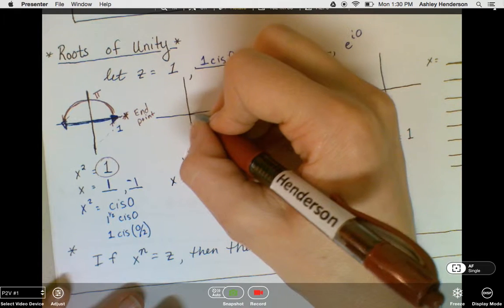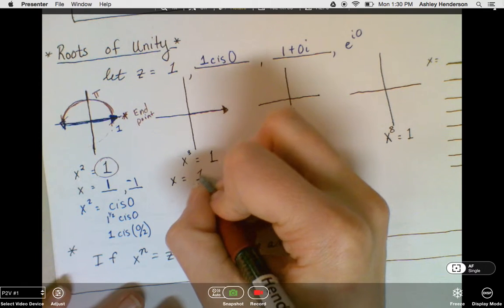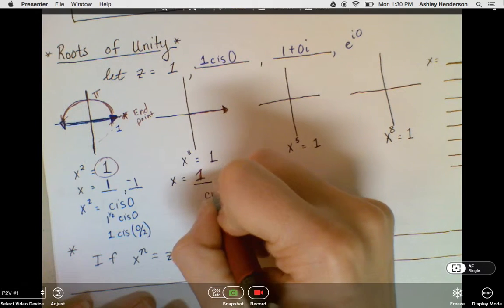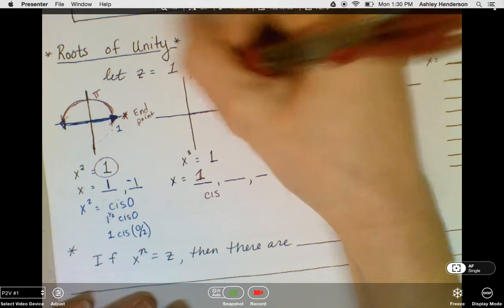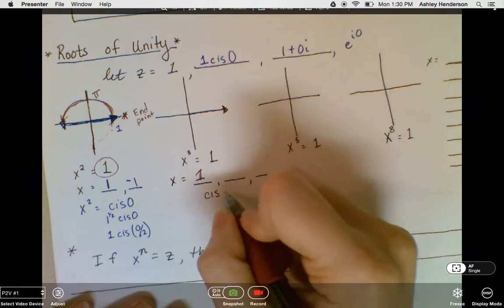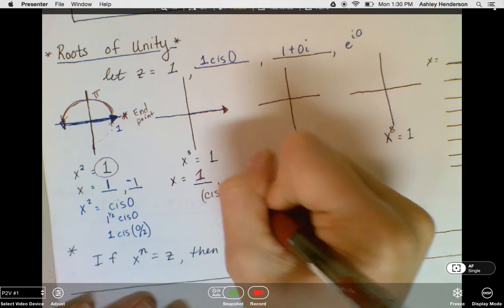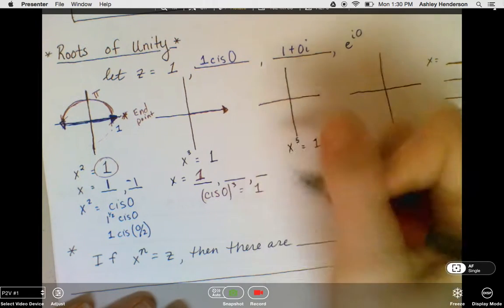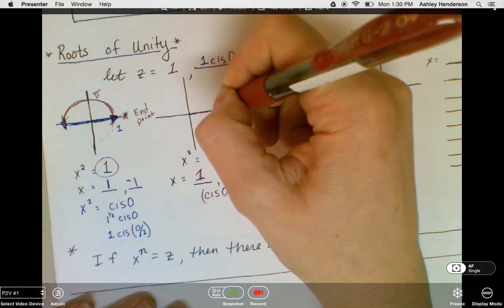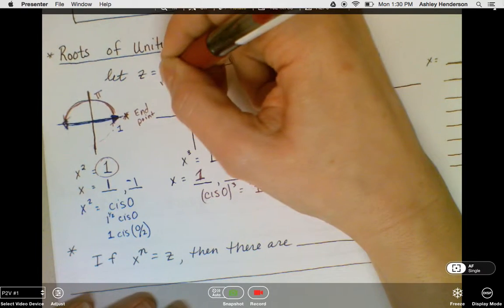So we've got some more roots of unity here. So here's 1. Well, 1 cubed is still just 1. We're going to jump ahead to the bigger ideas from what we were looking at the other day. So we need to go 360 degrees in 3 even increments. So cis 0 when cubed equals 1. And I need to get all the way back around to 360 in 3 even jumps. That puts us here at 120.